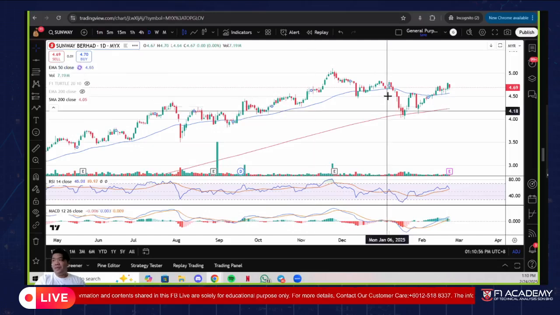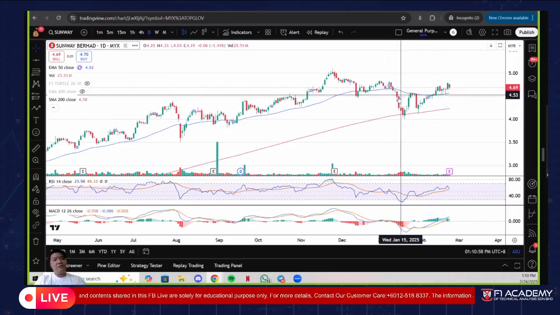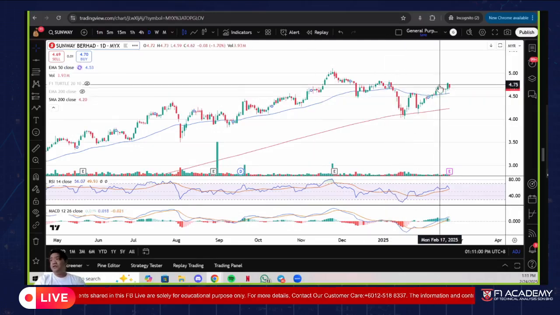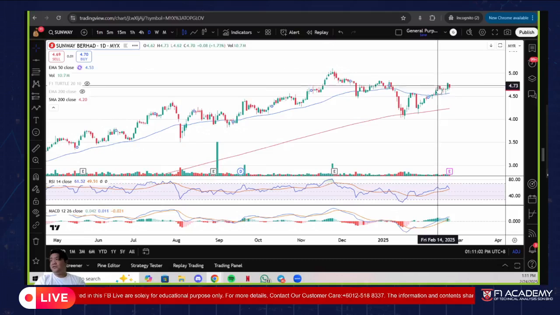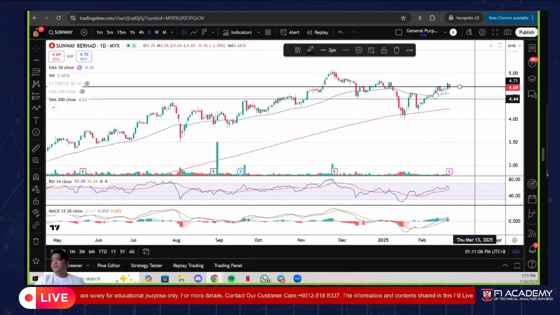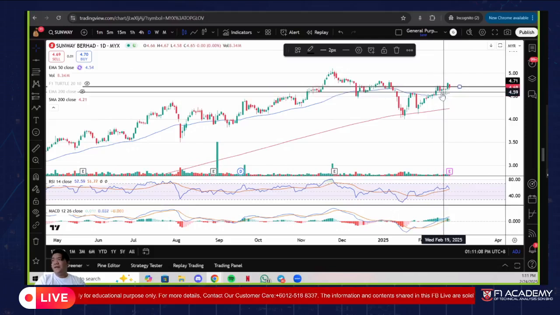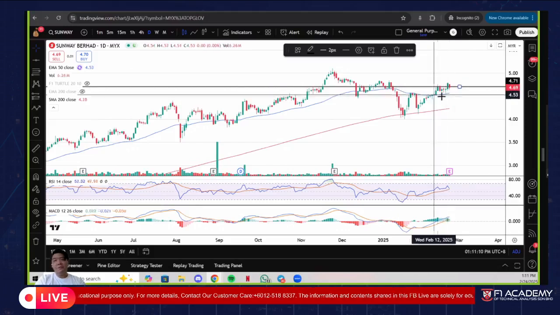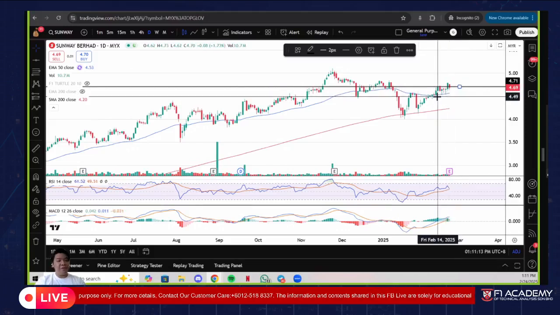So you want to remember that part. It broke above the EMA 50, went up to the previous resistance. You can see here, you draw the line. Resistance, bounce back, touched, used the EMA 50 as support. That's why I love EMA 50, by the way. It's a really good support.